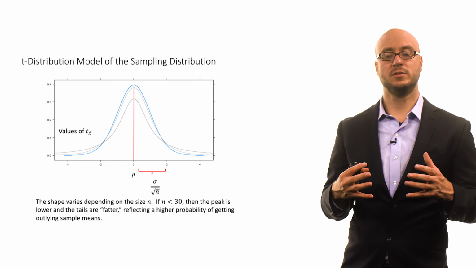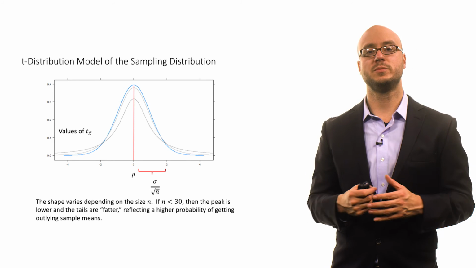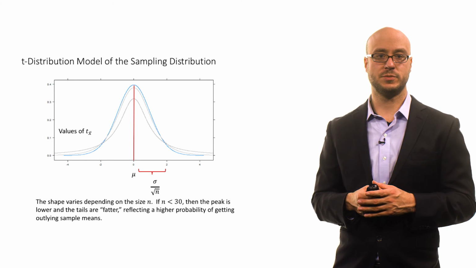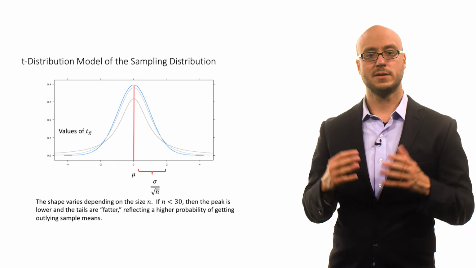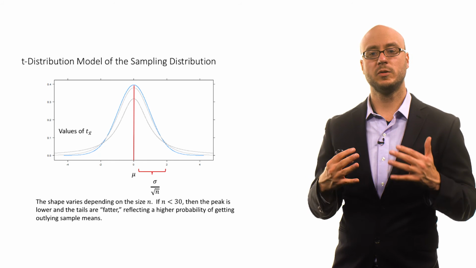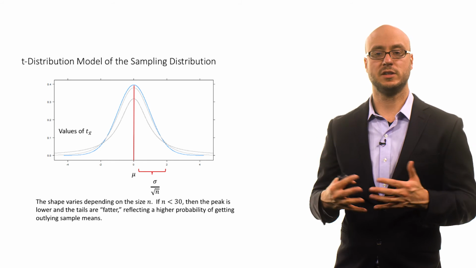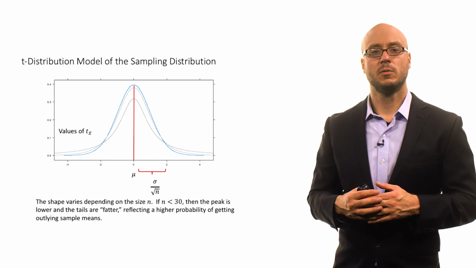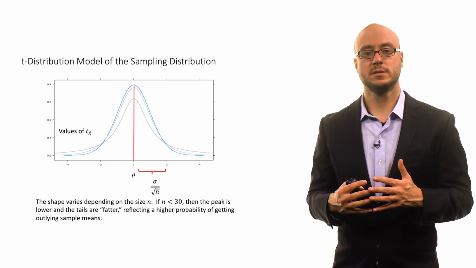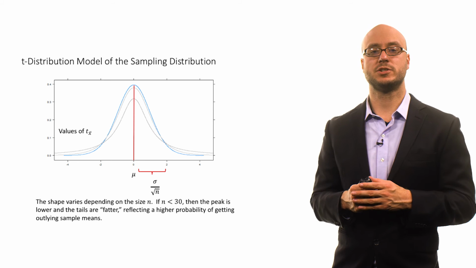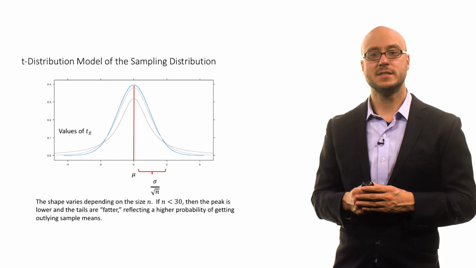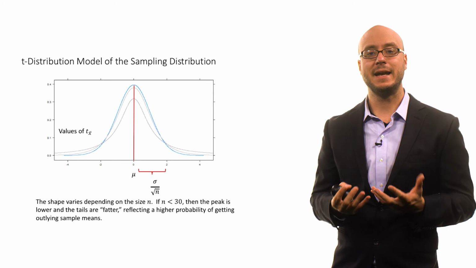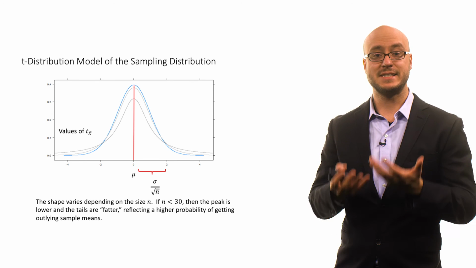Another issue has to deal with using the normal distribution model for the sampling distribution for sample means. If you look at the central limit theorem, it really only works best if the sample size is relatively large, say roughly above 30. Well, the t distribution model is a variant on the normal distribution model, except the shape alters slightly depending on the effective degrees of freedom, on the sample size.